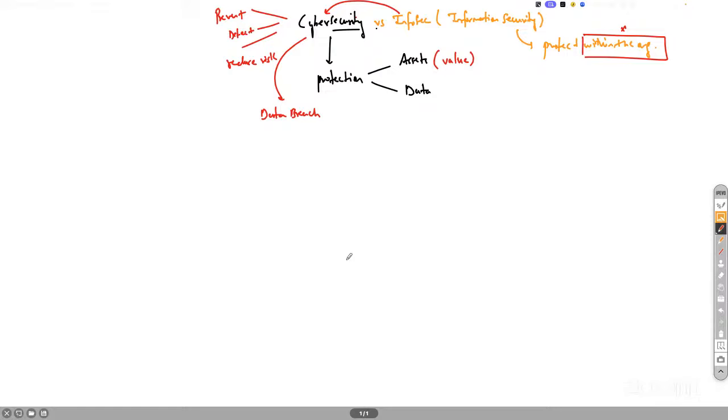If, for example, there is an attack against an organization, is the organization self-sufficient enough to detect that attack and obviously respond? So these are your three pillars that basically make up a cybersecurity program for any organization.